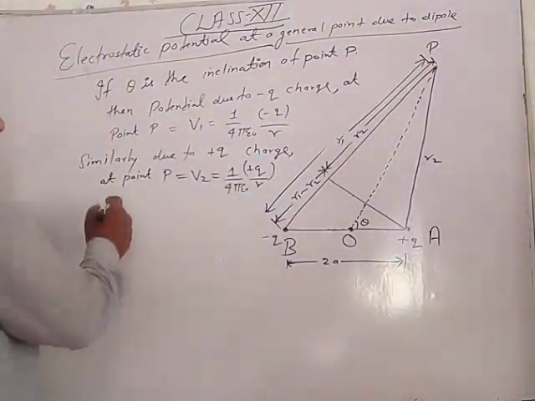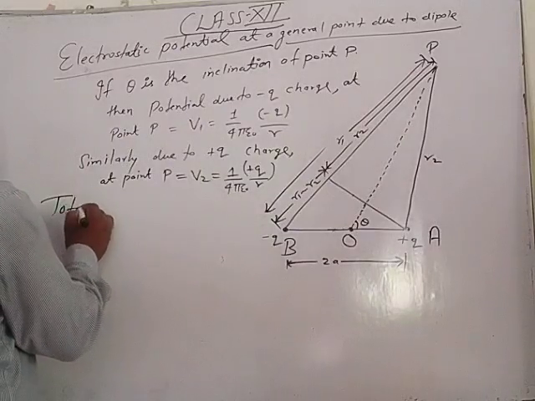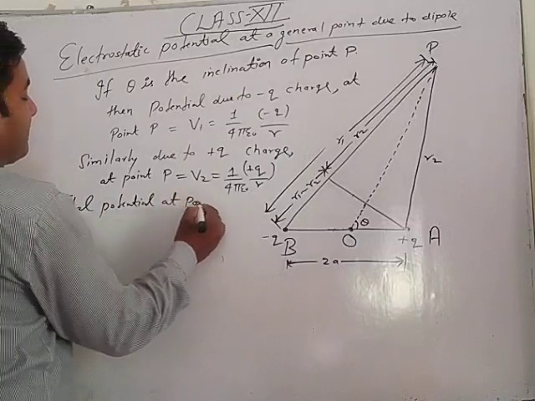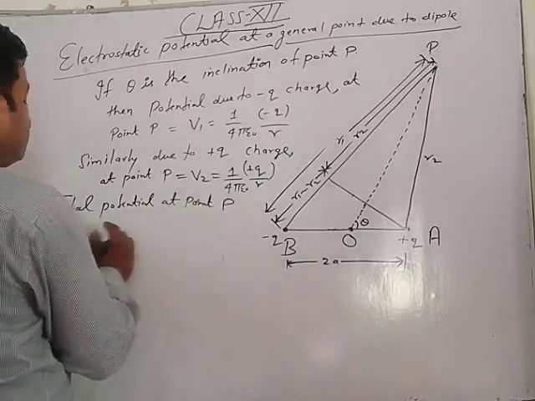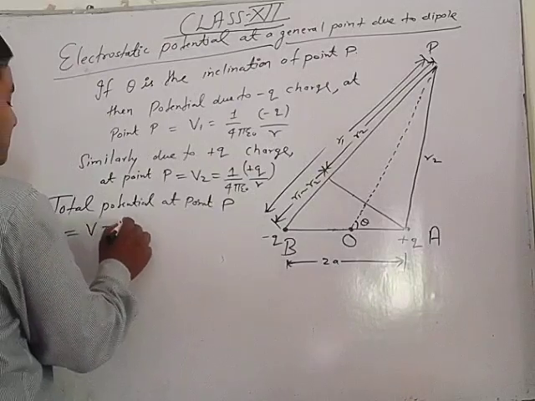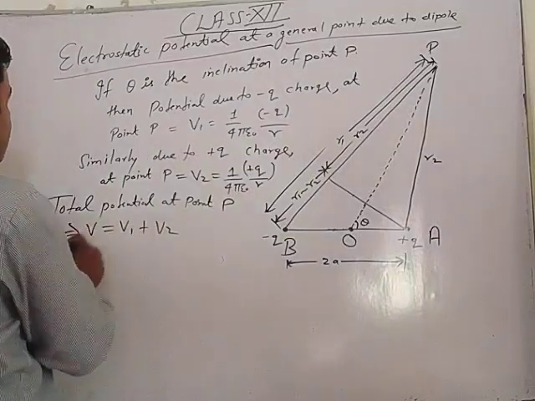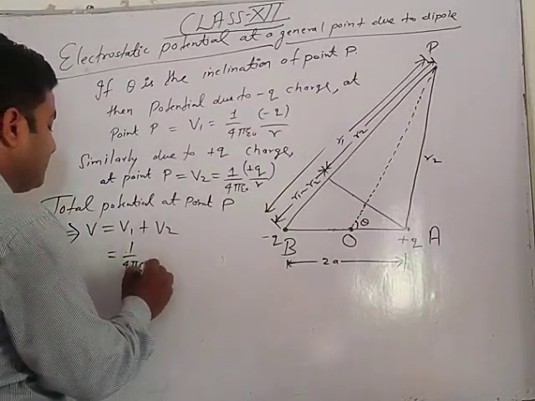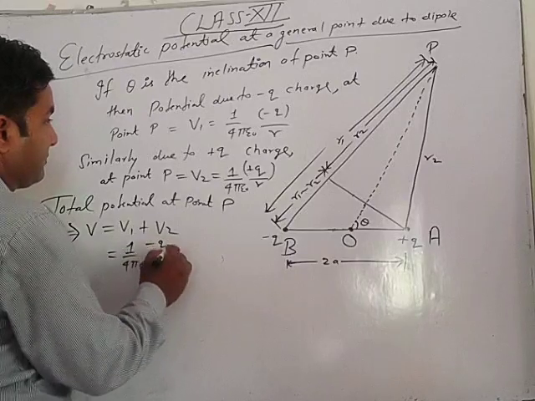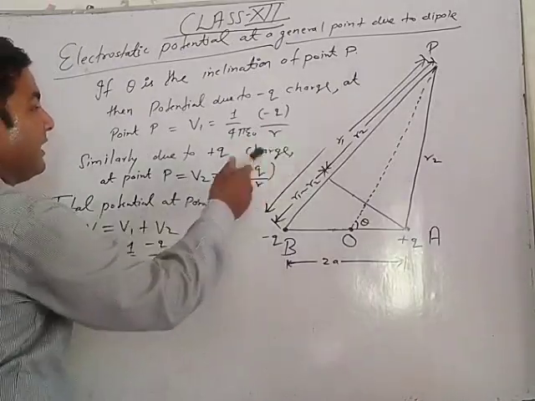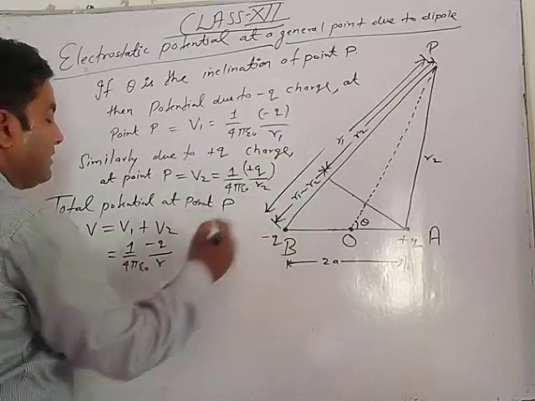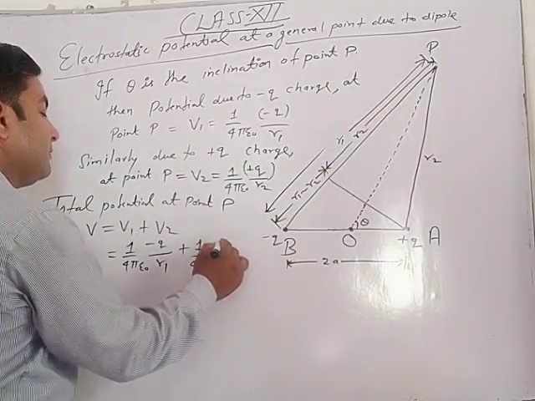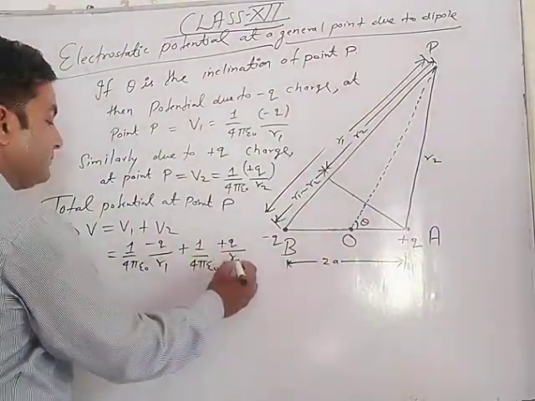Very simple. The total potential at point P is V equals V1 plus V2. V1 is 1 upon 4 pi epsilon naught times minus q upon r, where here r means R1, and here r means R2, plus 1 upon 4 pi epsilon naught times plus q upon R2.